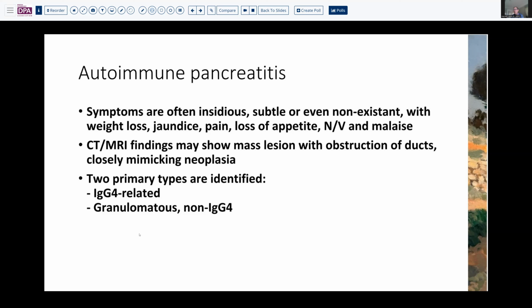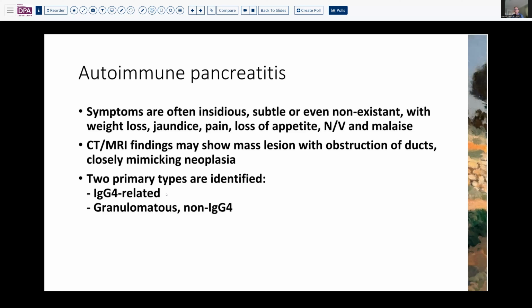As we alluded to, there are two primary types. The one we looked at, type 1, is typically found to be IgG4 related. In other words, there's an increase of IgG4 plasma cells in these lesions, as we find in other areas with IgG4 disease. And we'll talk a little bit about this contrast.